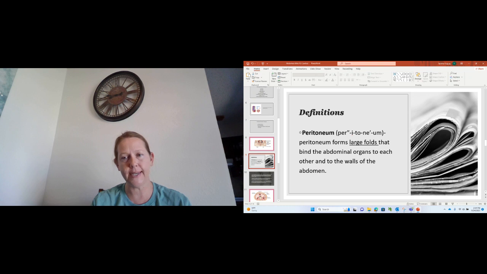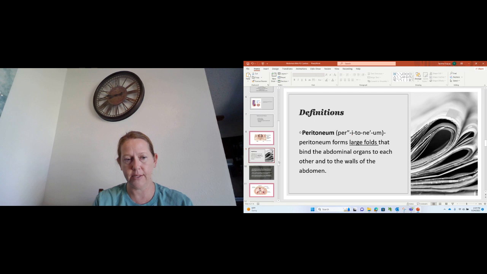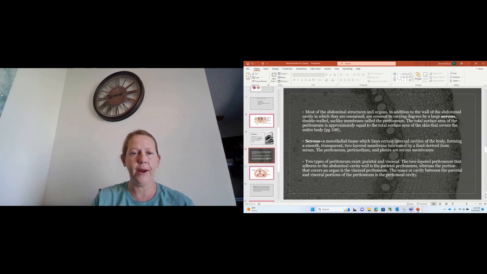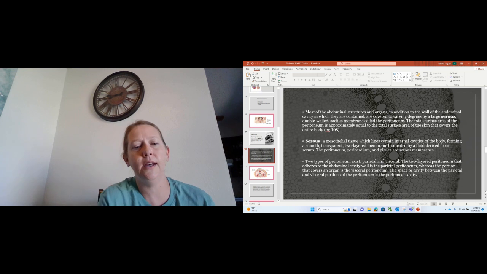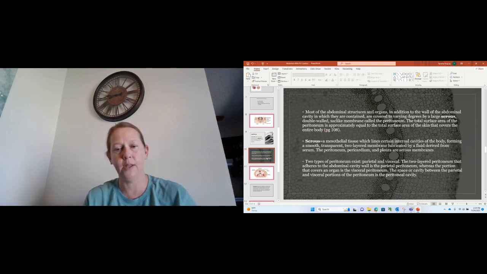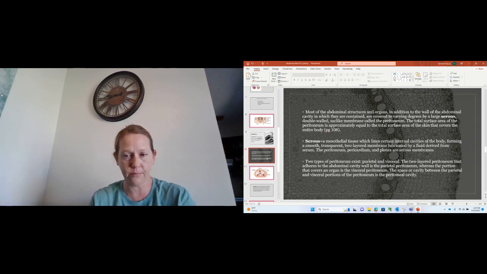So let's get to the definitions. Peritoneum. The peritoneum folds large folds that bind the abdominal organs to each other and to the walls of the abdomen. And I'll show you a picture here in just a minute that makes a little bit more sense. So the peritoneum, there's two types, the parietal and the visceral.